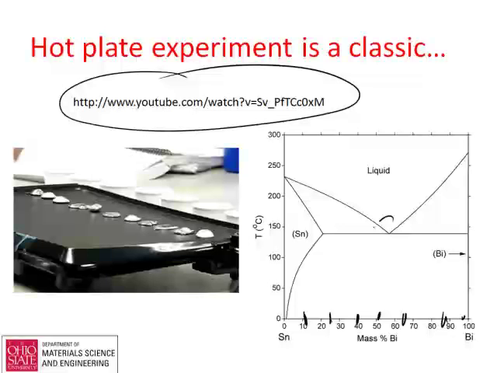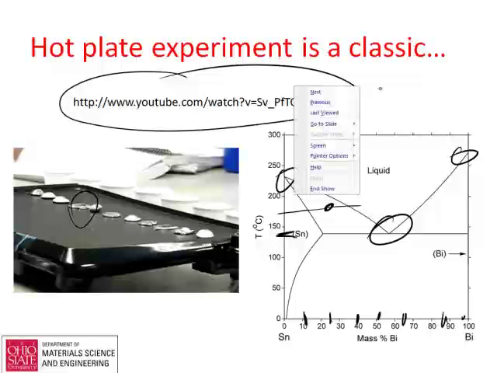You can see that those near the eutectic composition melt at a much lower temperature than the others, and at some intermediate temperature, you get very mushy zones. It's a little bit qualitative, but it's a nice demo, and it can all be done on a hot plate with the bismuth tin system.